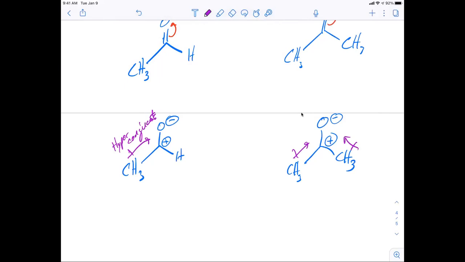So therefore, this one is going to be more electrophilic, because it only has one carbon with hydrogens on it that could stabilize that, versus a ketone that will always have two. So when we do these reactions, aldehydes react faster than ketones, and there's a few examples where that's going to be important.